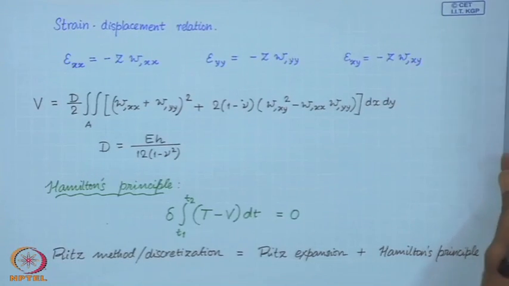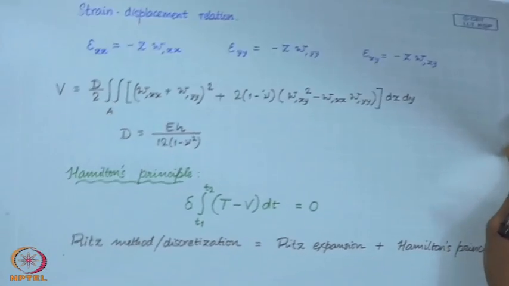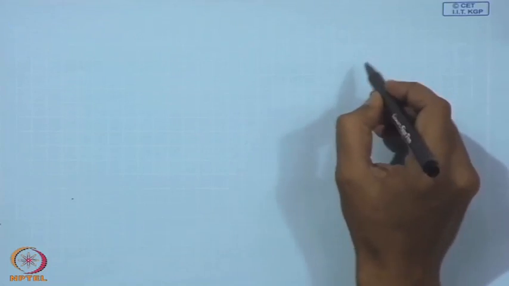So, these two lead us to the discretization of the dynamics. So, let us look at two examples. The first example that we are going to discuss today is that of a square plate supported on a circular boundary. So, let us look at the geometry of the problem.